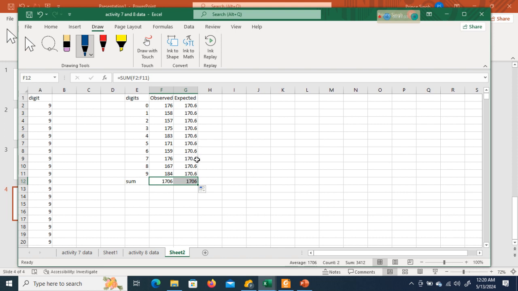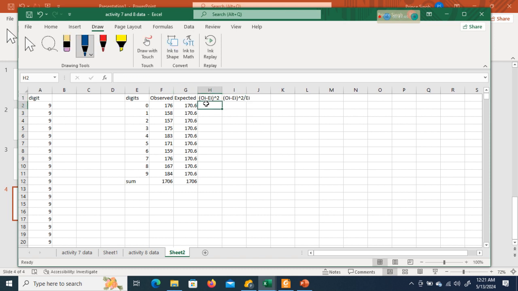This is my expectation. Now if I simply show you the criteria, what we are actually doing in case of chi-square. If I represent observed frequency as Oi, and the expected frequency as Ei, the first step is to calculate Oi minus Ei, its square, and then divide this particular term by Ei.